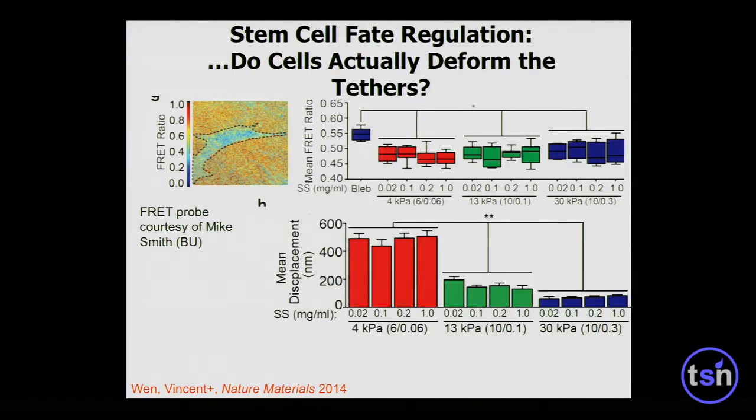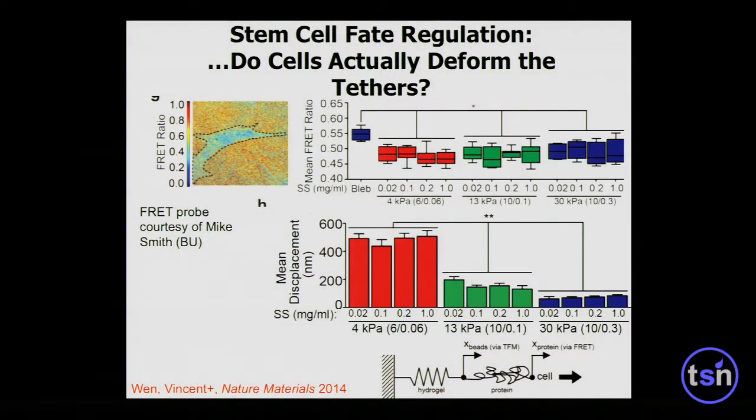What we did see was that the cells could pull on their microenvironment in dramatically different ways. If it's relatively soft, they pull a lot. If it's relatively stiff, they don't pull so much. But the amount of force that they're using scales with this, and the important take-home message is that if you think of this as a linear series of springs that the cells are pulling on, what really matters is the spring that deforms the most, and that's this hydrogel spring relative to any matrix tether.